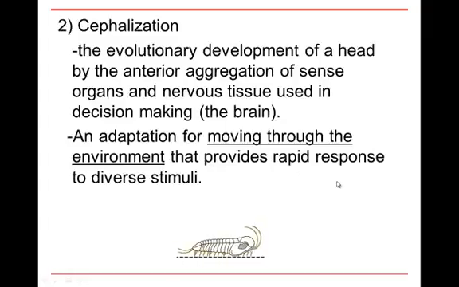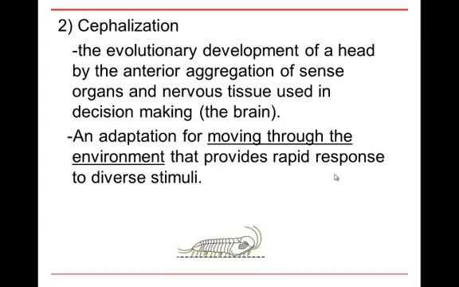The distance the brain and the sense organs are apart actually slows response times, and so quick response times are allowed by having the sense organs in the front, where they'll first see novel stimuli, and having the brain very close to them, where it can give rapid instructions as to how to respond.